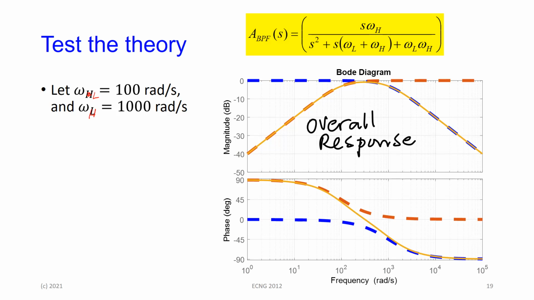So the bandwidth, if you like, is 1,000 radians minus 100, right? So the pass band is 900 radians, and the resonant frequency is the square root of 10 squared by 10 cubed, right? And that will give you this particular frequency here, the peak right at the middle here.